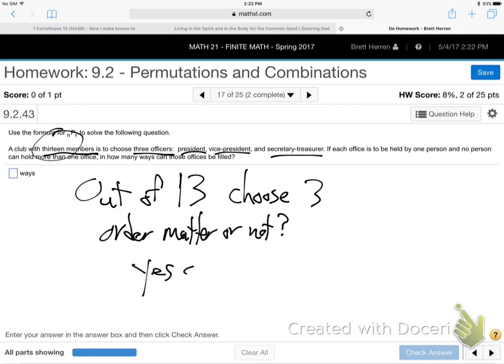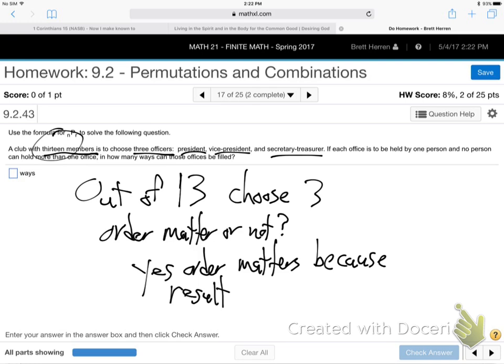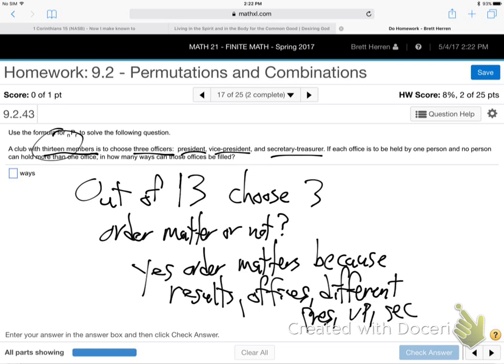Yes, order matters, because the results, the offices, are different. We're talking president, VP, and secretary. Those are different offices. So it's going to be 13P3, isn't it?